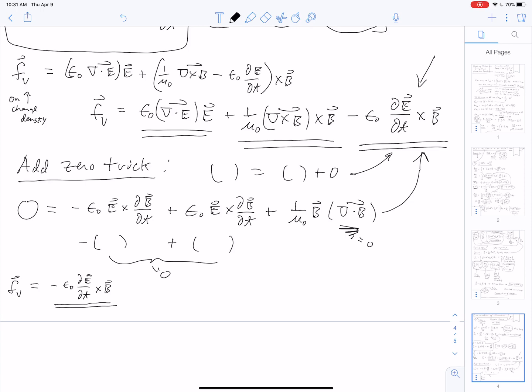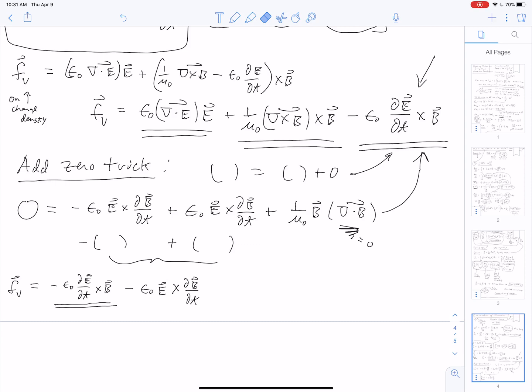But now I'm going to add part of the 0, minus epsilon naught E cross dB dt. That's part of the 0.